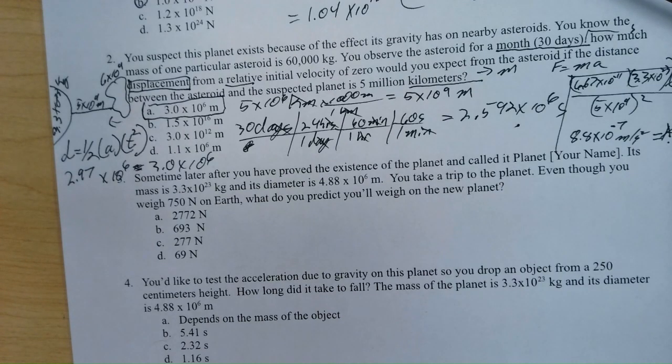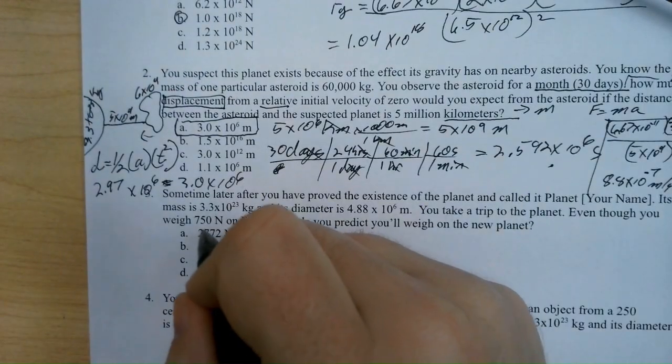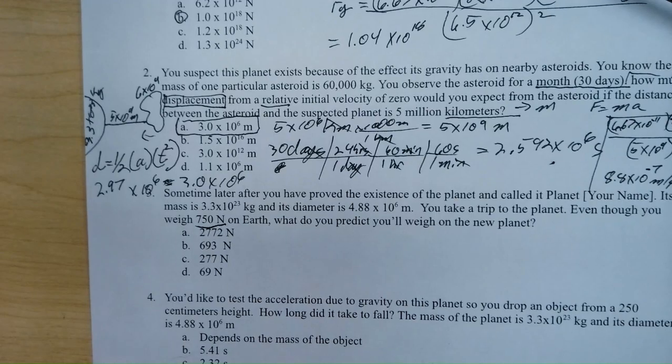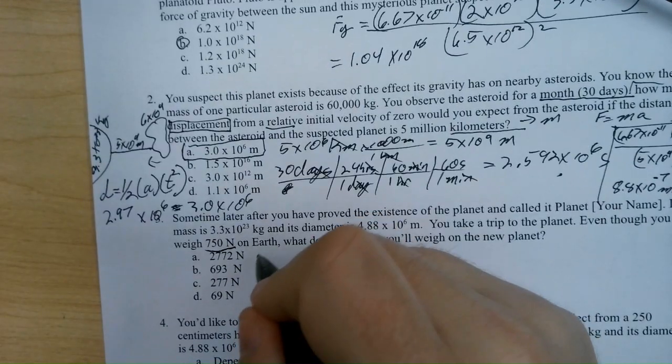Okay, for this problem, we are playing with the idea of mass and weight. So we can know that the weight of something on Earth is anything times 10. So in this case, we have a 750 Newton weight on Earth. So this is going to have a mass of 75.